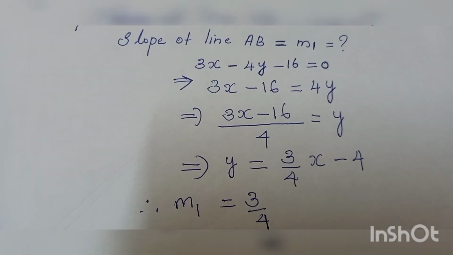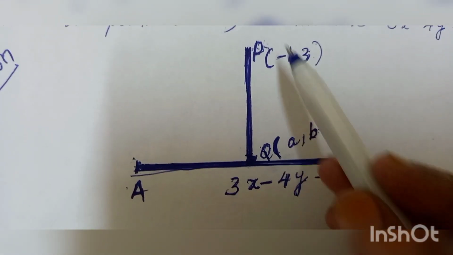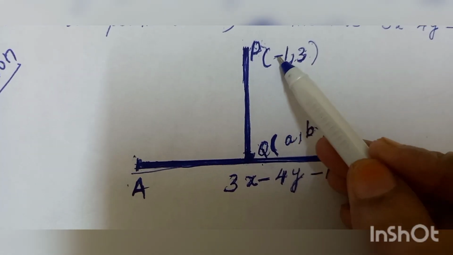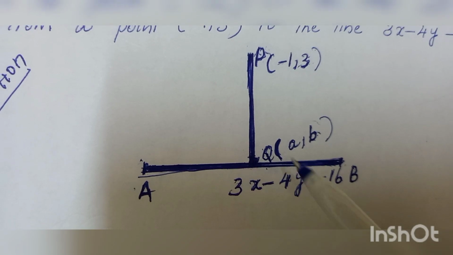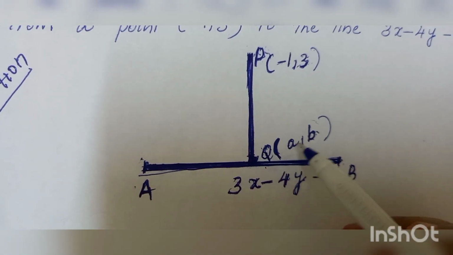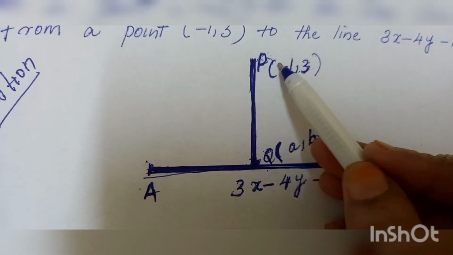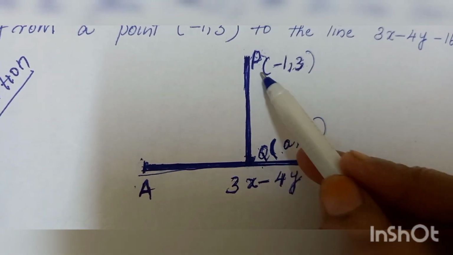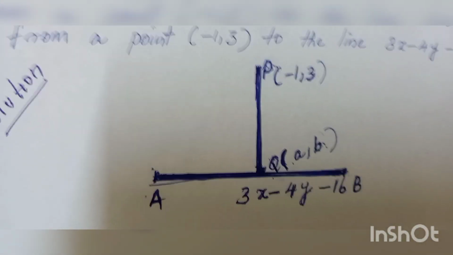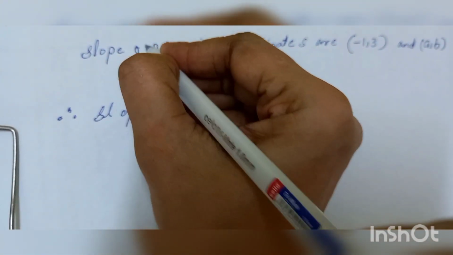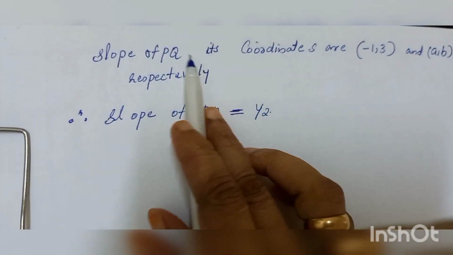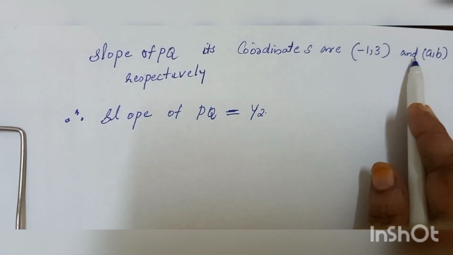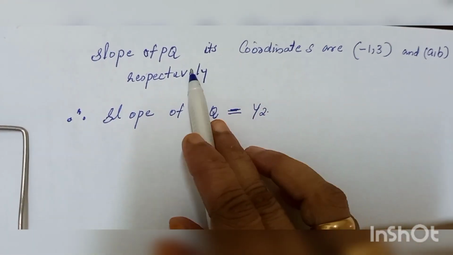Let's find the slope of PQ. What are the coordinates of P? (-1, 3). What are the coordinates of Q? (a, b). So we have to find the slope of PQ. Its coordinates are (-1, 3) and (a, b) respectively.